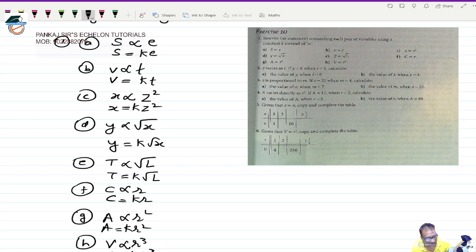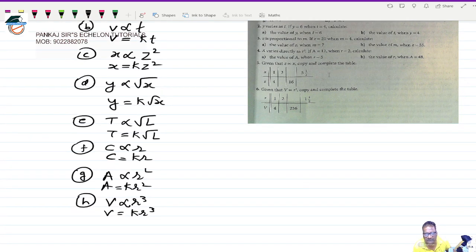Now if it is the volume of a sphere, then the K value will be 4 by 3 pi, because the volume of a sphere is 4 upon 3 pi R cube, right? But as I told you, we are not going into physics. We are only concerning ourselves with mathematics. So that was question number 1 that we are done with. Let us move on to question number 2.